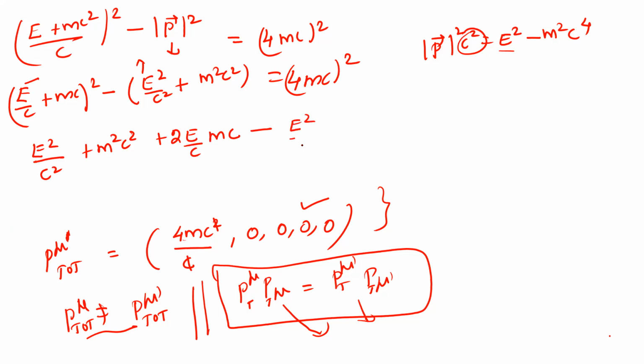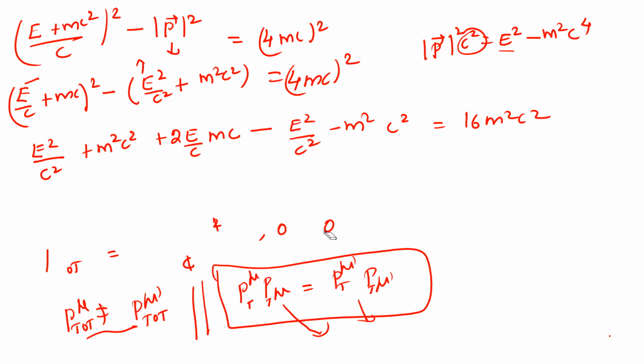Minus E square by c square minus m square c square is equal to 16 m square c square. Is that correct? This E square by c square and E square by c square are gone. Am I making any mistakes?